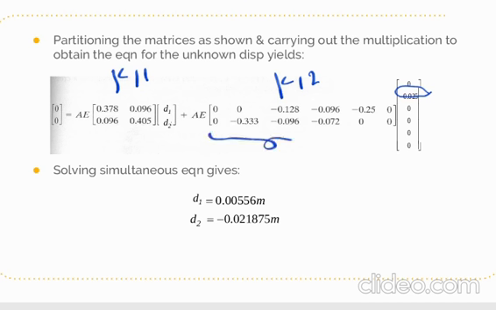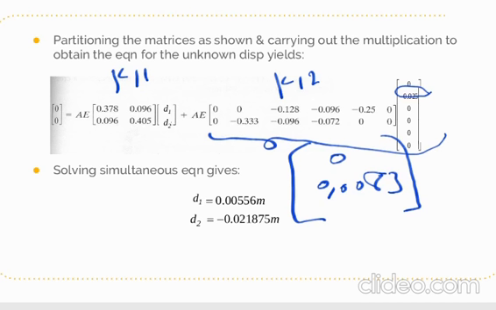Just calculate this matrix first. We will get 0 and 0.0083. Okay.